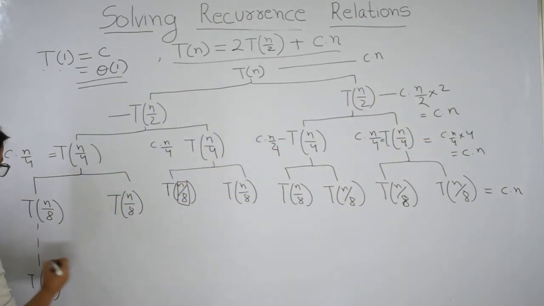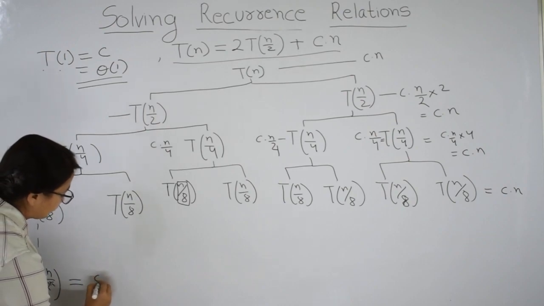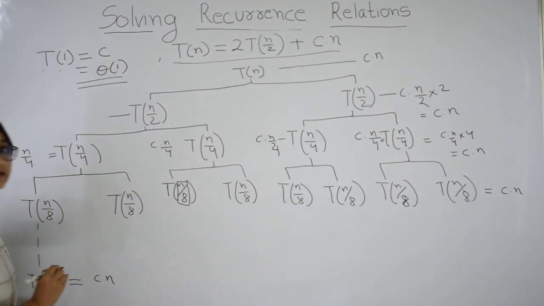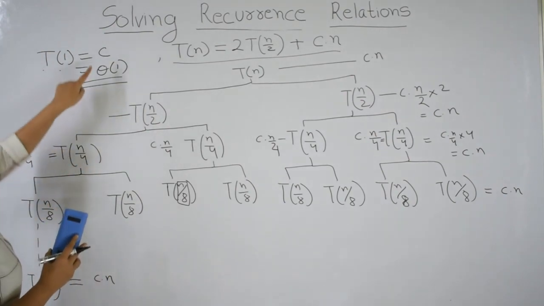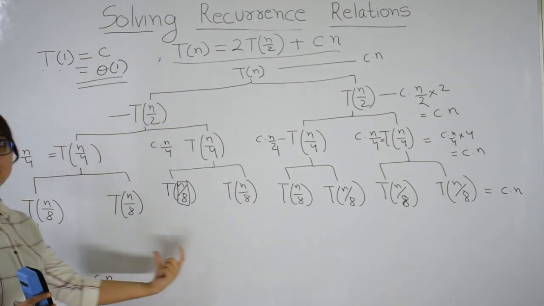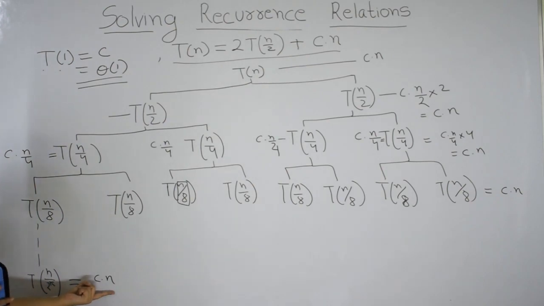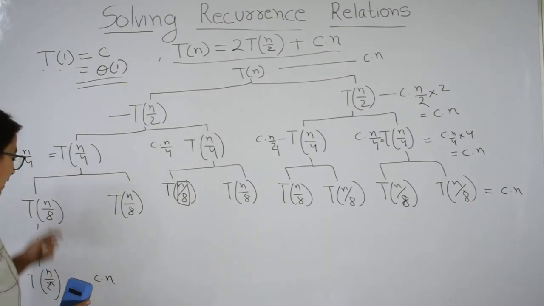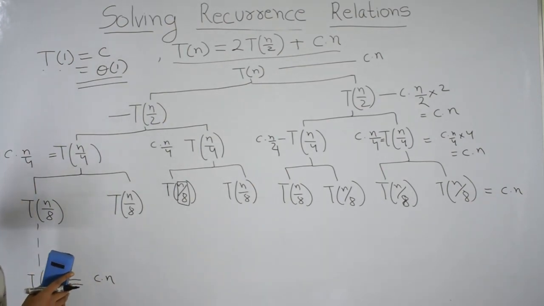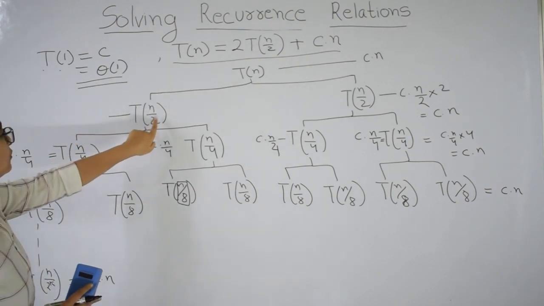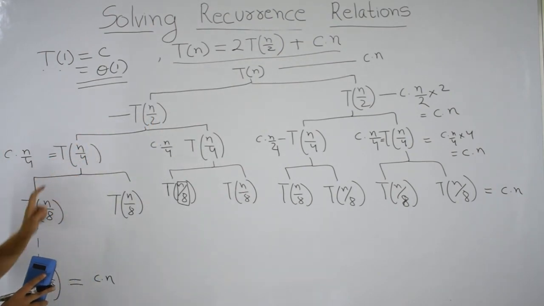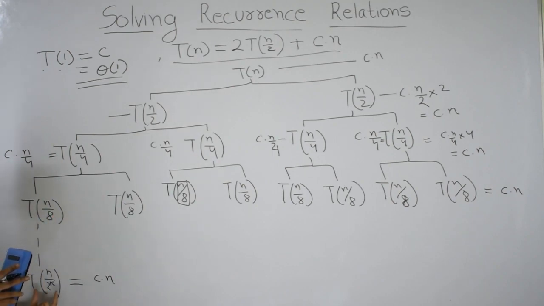So at this step also the time taken will be c into n, because this is c and there will be n number of leaves over here. So c into n. Now let me try to solve this. So here we have 2 raised to the power 1, 2 raised to the power 2, 2 raised to the power 3 and 2 raised to the power k.